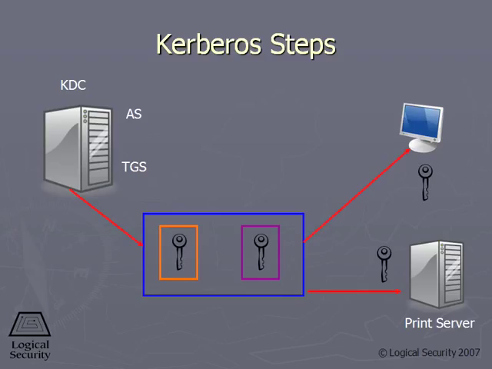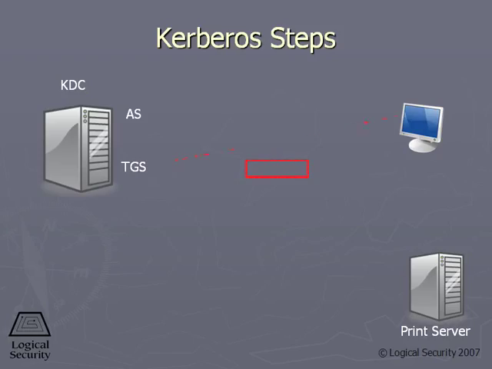If the print server can properly decrypt and extract that session key, that means it came from the KDC. Only the KDC and the principal have a copy of their secret key. So far what this has proven is that this ticket actually came from the trusted source, the KDC, because nobody else should have the secret key of the print server.